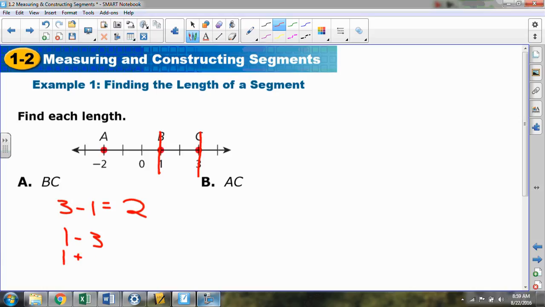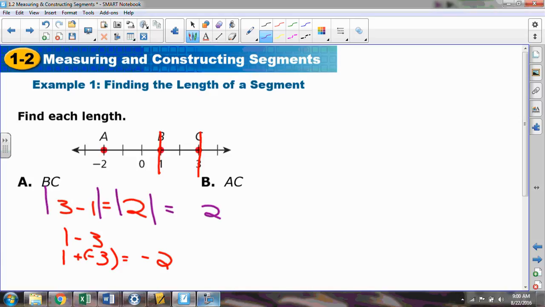Following our add the opposite rule, 1 plus -3 is -2, which is why we were concerned with absolute value earlier. If we take the absolute value of 2, it's just 2. And if we take the absolute value of -2, it's still positive 2. Just remember, distance has to be positive.